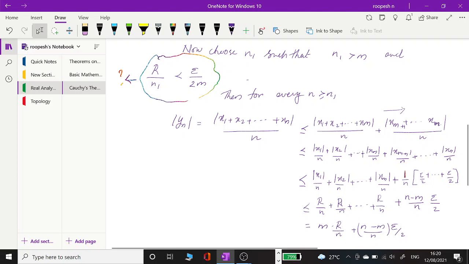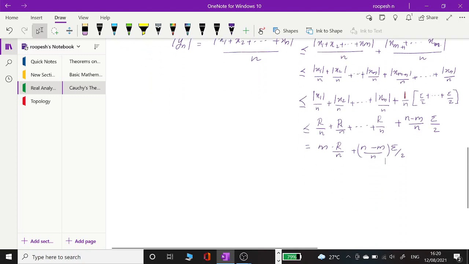Now what about m into r by n? R by n1 you have selected. See, n1 greater than m you have selected, so it should be satisfied. So this we can replace with epsilon by 2m, right?